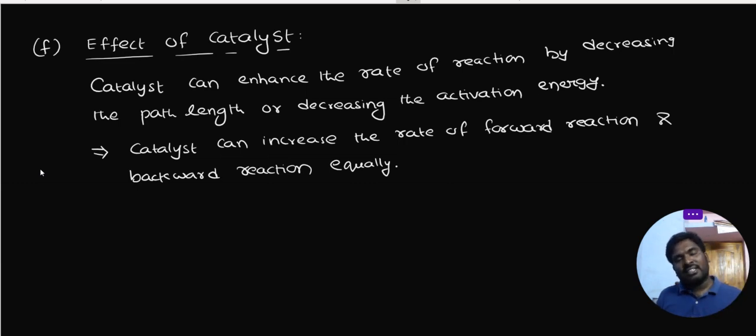In the presence of a catalyst, equilibrium is achieved 30 minutes faster. Understood? But finally only equilibrium is achieved. So it cannot disturb the equilibrium system. Clear?